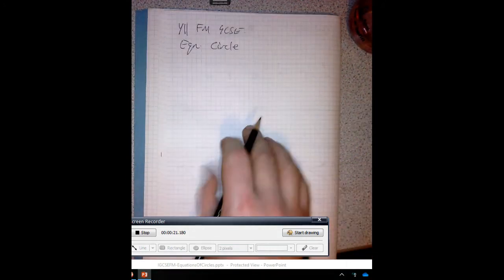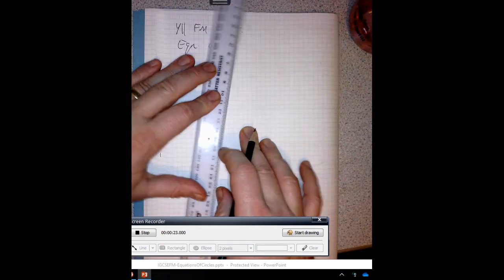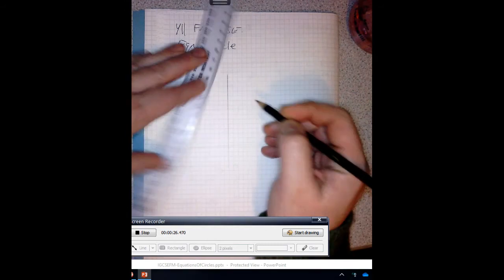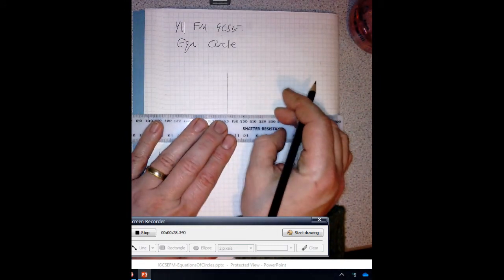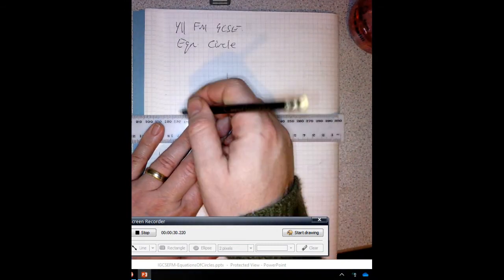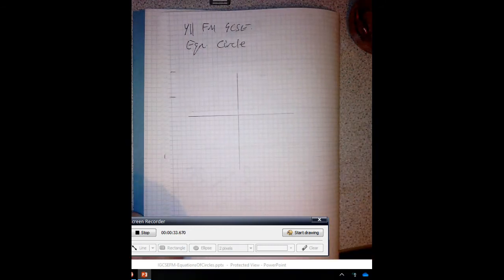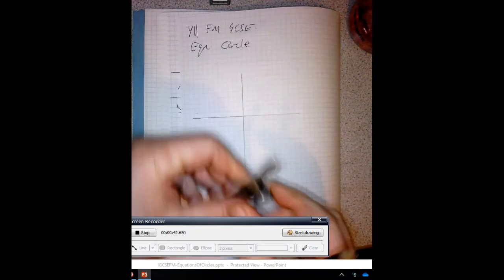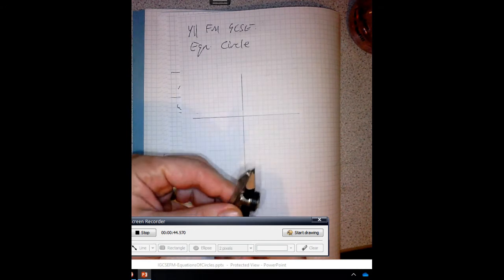So if I draw a pair of axes, I might even have a pair of compasses here. Bit exciting. I have got a pair of compasses. Might as well make my circle circular. Oh, I'll move that out of the way.